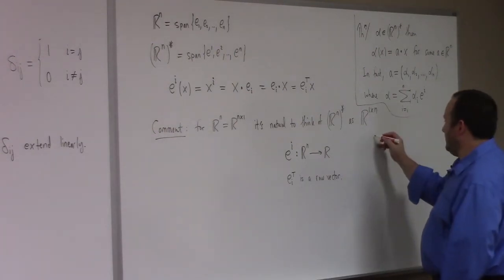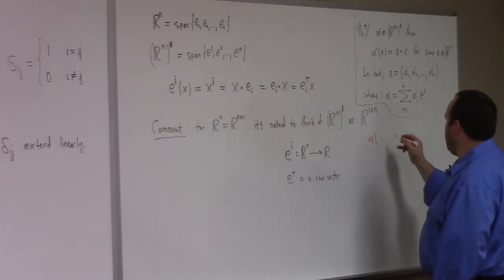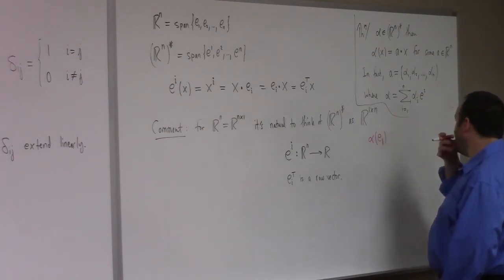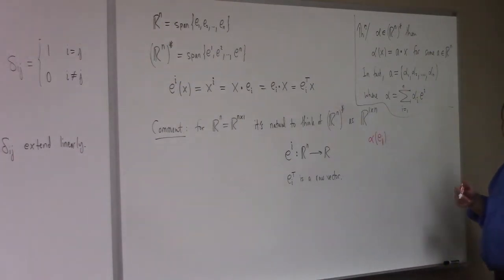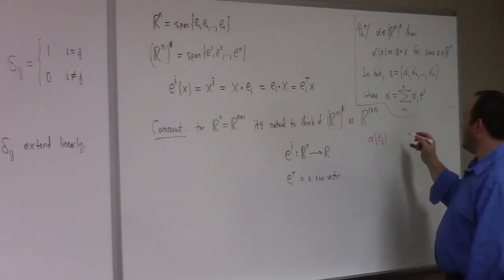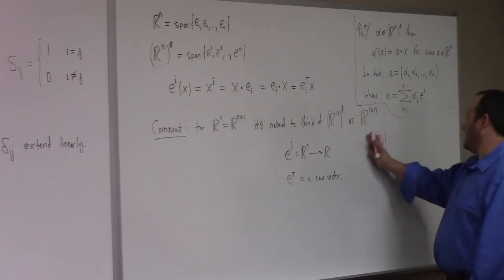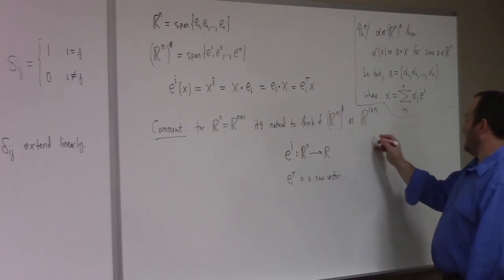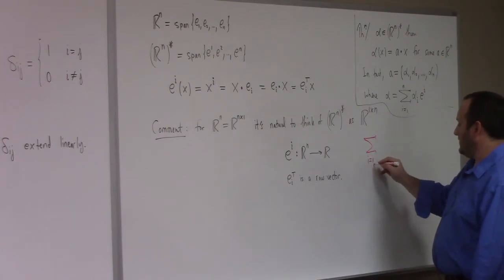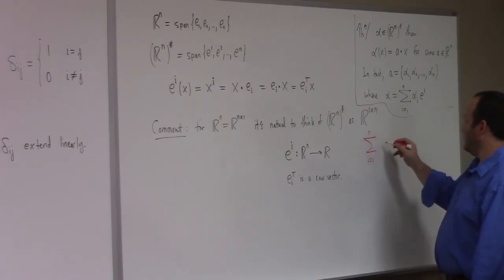Let's work this out. What we should do is study the sum, i equals 1 to n of alpha i e upper i.